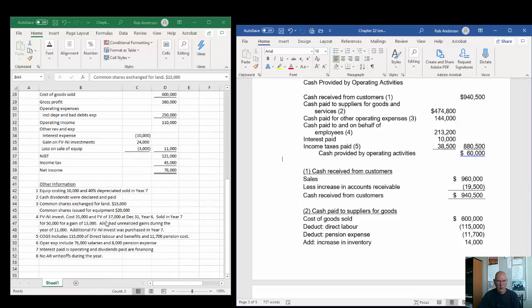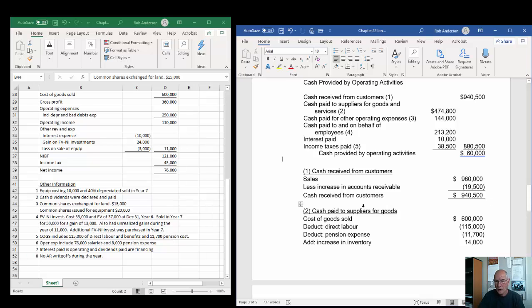So that's from our other information here. It says, includes 115 of direct labor and 11.7 of pension. So those go away because those are paid to employees, and we're going to have them on another line.